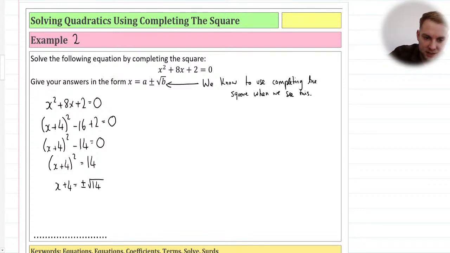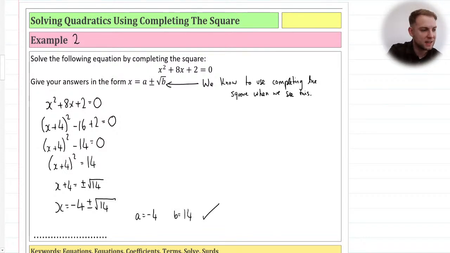And then the last little stage is to minus that 4. So x is equal to negative 4 plus or minus the square root of 14. So in which case, a is equal to the negative 4, and the b, which is inside the root, is equal to 14.